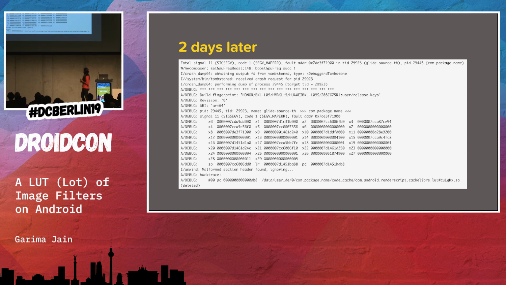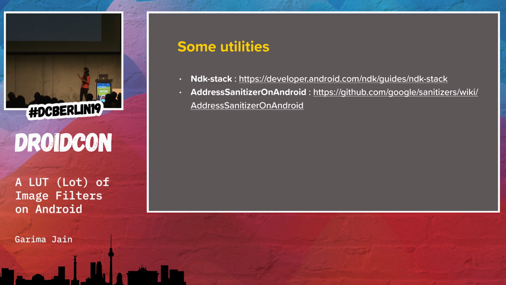But I started taking hints from it, and if you see, there is some faulty address. While trying to debug this, I came upon some good utilities. You can use them, but they didn't work for me.